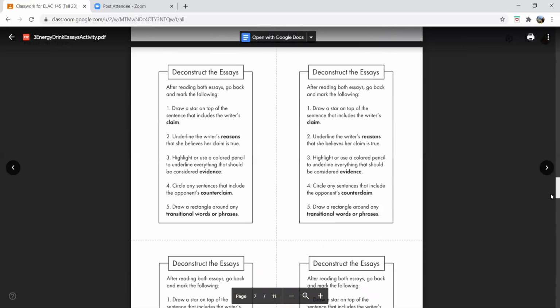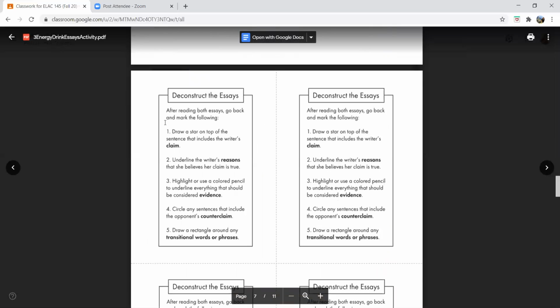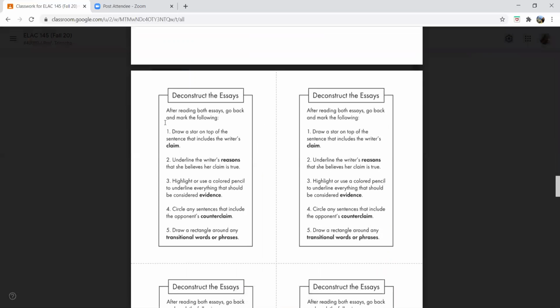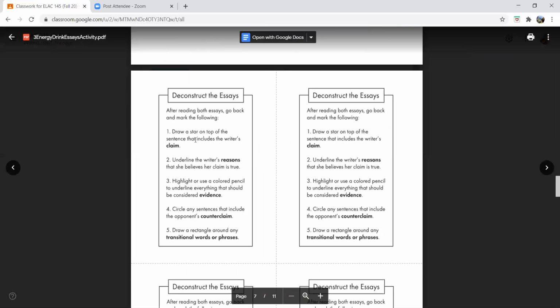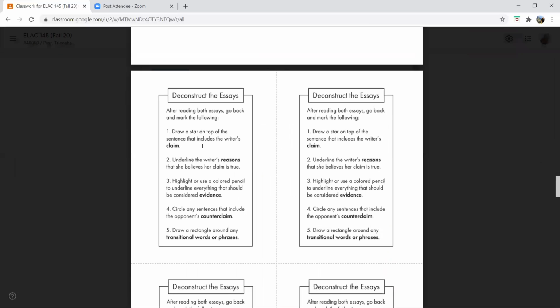So once again, page 7, what are we looking for? We're going to deconstruct the essays. That means we're going to break them down, break them apart. We need to draw a star on top of the sentence that includes the writer's claim. Okay? The first essay is going to be the claim: yes, the sale of energy drinks should be prohibited to children under age 18.